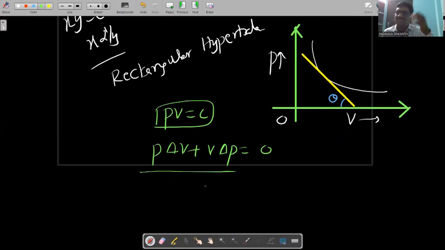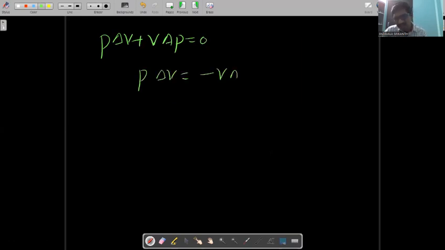P and V both are changing in this process, so both are variables and we have to differentiate both. So P into delta V is equal to minus V into delta P. Now I can write like this, just observe: delta P by delta V.